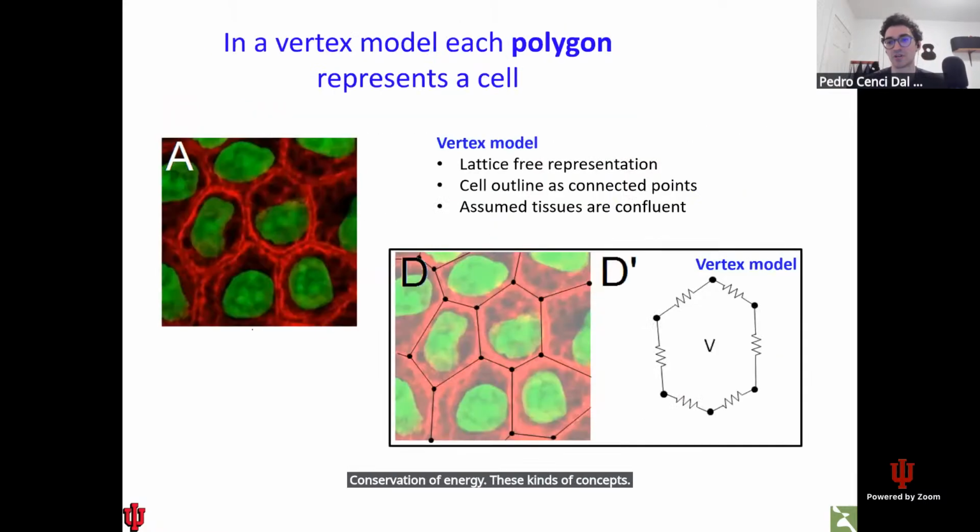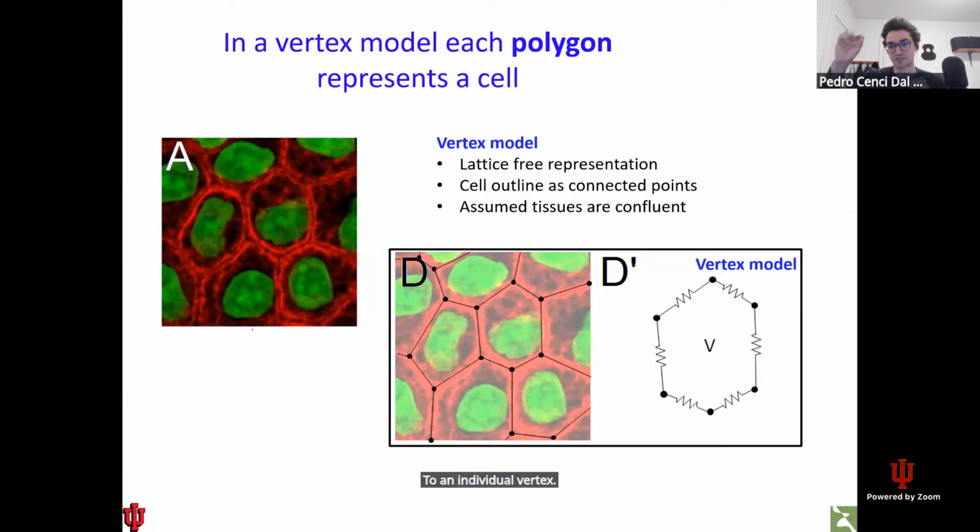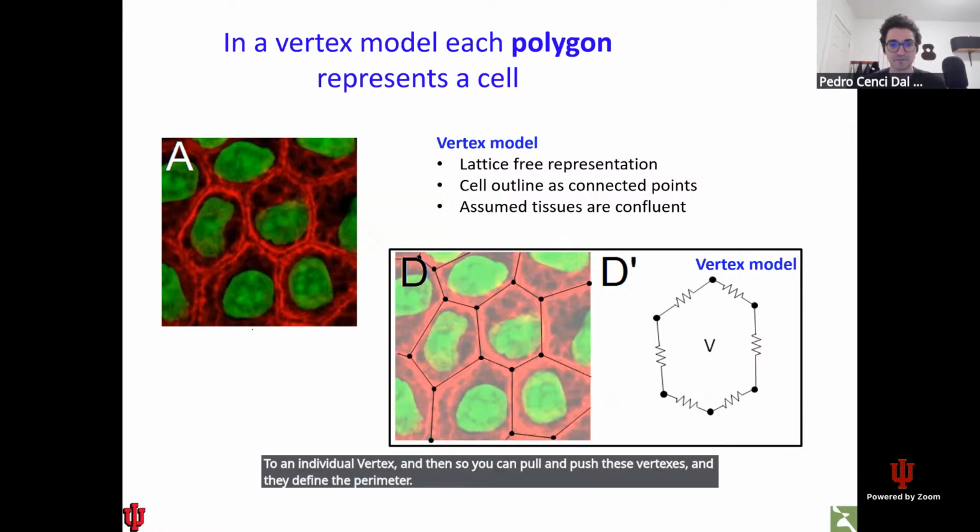And in the vertex model, you can also talk about Newtonian mechanics, but now because your cell is a polygon, these forces apply to an individual vertex. And then you can pull and push these vertices, and they define the perimeter of the cell.